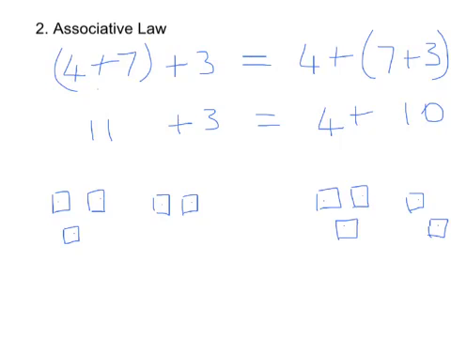It doesn't matter which way I add, but I can use the brackets to make it easier. Now, if you have a look at the one on the right, it's much easier for many people to look at 7 plus 3 and think, oh, I know what that is, that's 10. So I can look at that at a glance and say 10 and 4. It's an easier way to go than 4 plus 7 for some people, where we've got to go to 11.